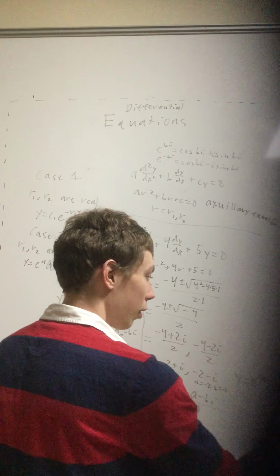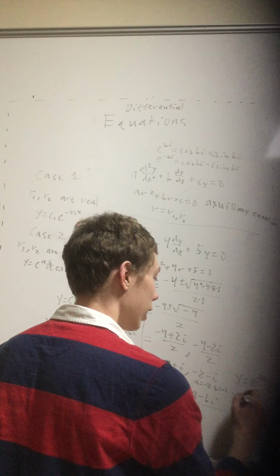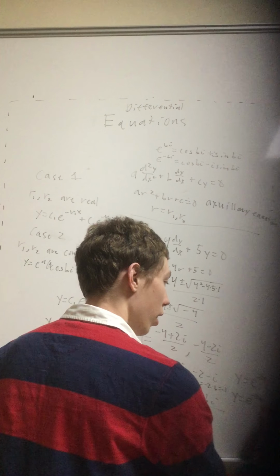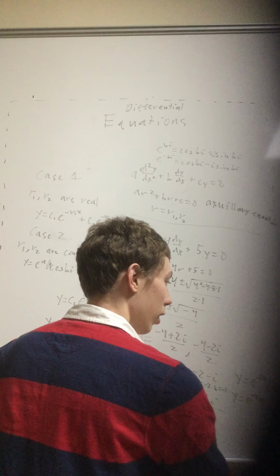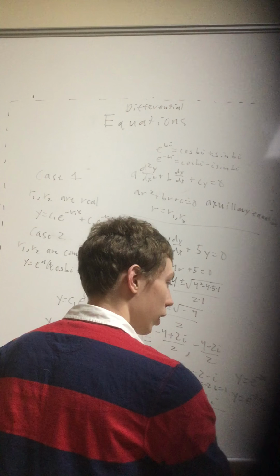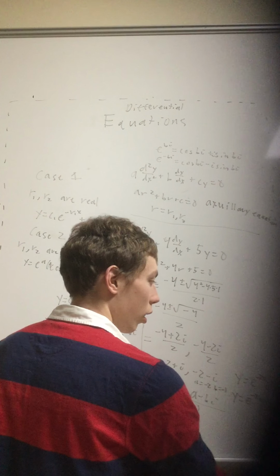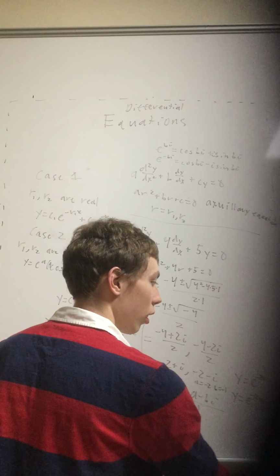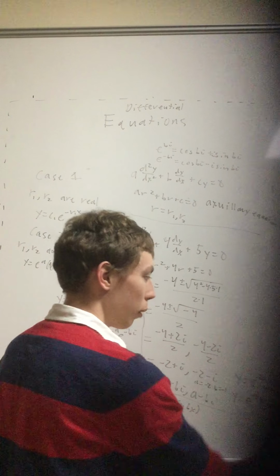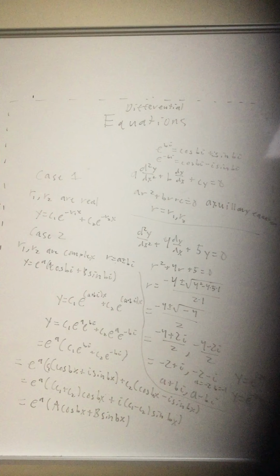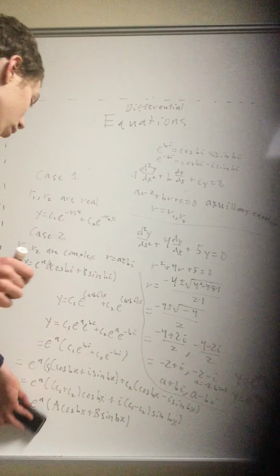And it turns out the minus you can just pull out of the cosine and sine. So e to the -2x. Cosine is even, so this is A cosine x. Sine is odd, so this is still B sine x. Here we just absorb the negative into the B. So that's case 2.